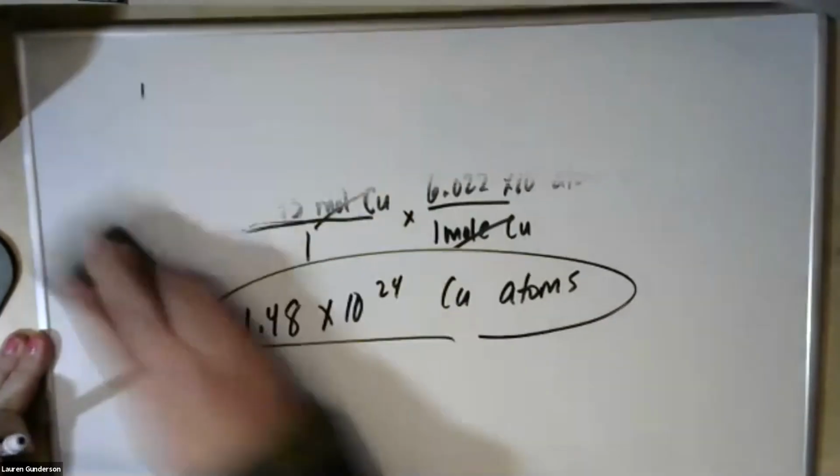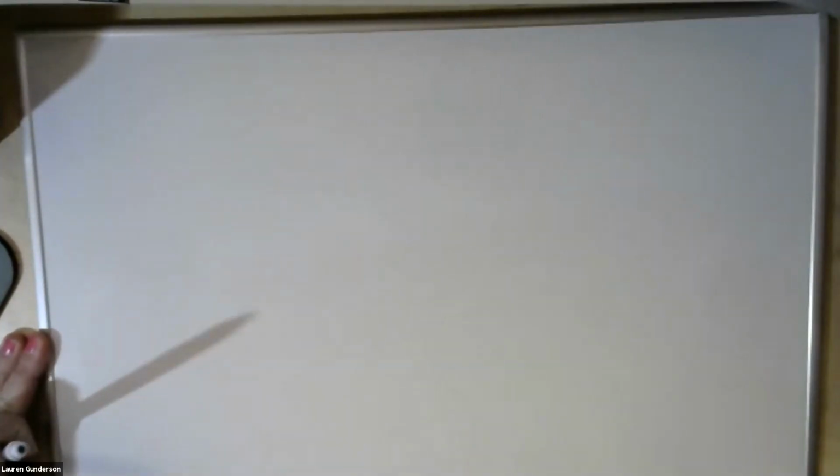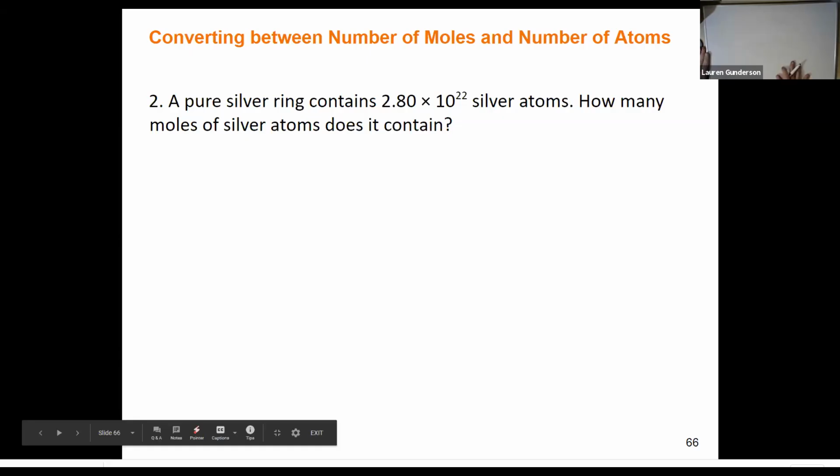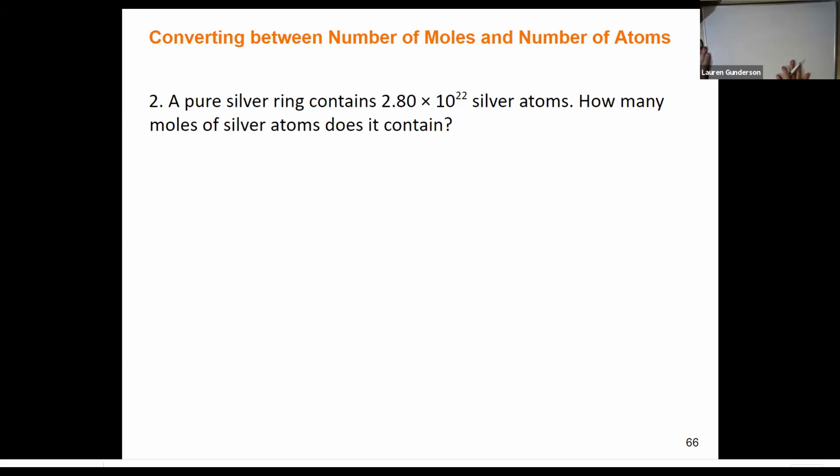So let's look at another example. Here we're looking at kind of the reverse process. In this case, they're telling us that a silver ring contains a certain number of silver atoms, and we want to know how many moles of silver atoms that equals.